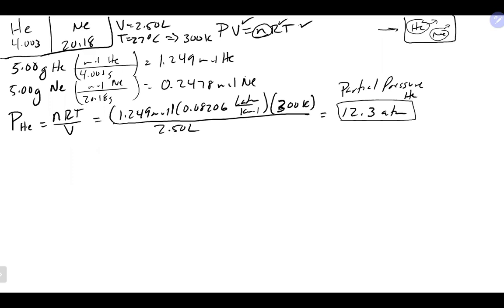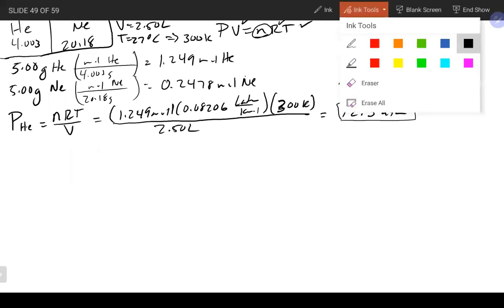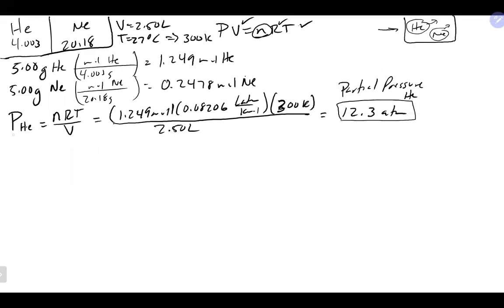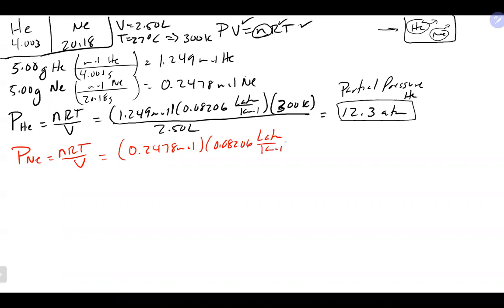We'd basically do the identical calculation for neon. The only difference is going to be the moles. So our partial pressure of neon would equal nRT divided by V. Here we would use our neon's moles, which is 0.2478, and 0.08206. It's going to be the same temperature as it's in the same container, and the same volume.